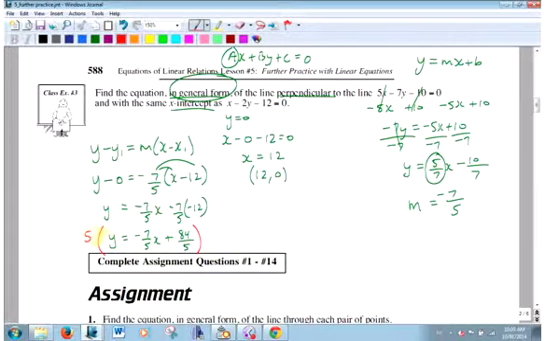So I get 5 times y equals 5 times negative 7/5 x and 5 times 84 fifths. 5 times everything, all 3 terms. I hope you see those 5s are going to disappear.